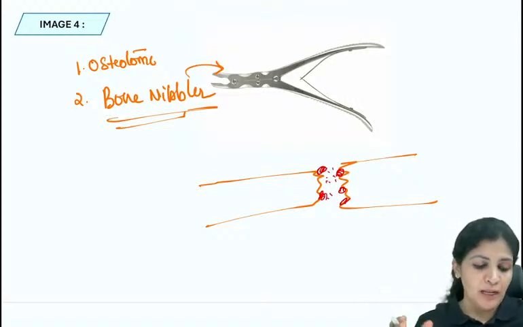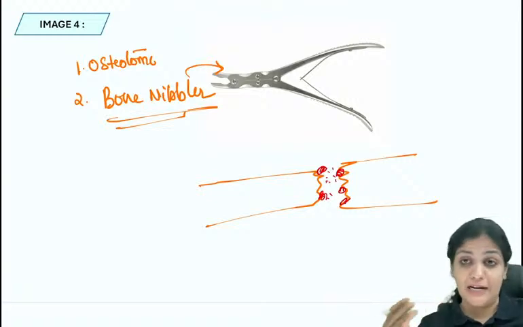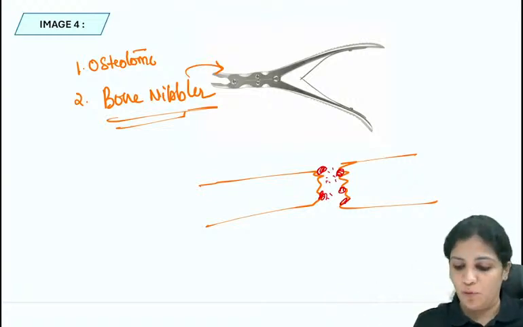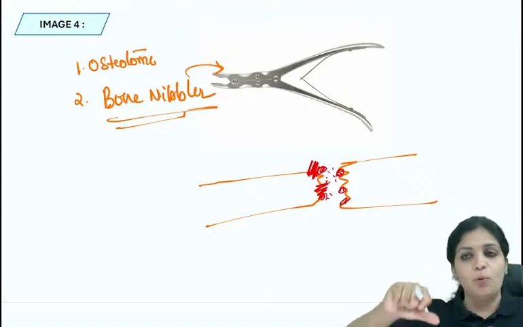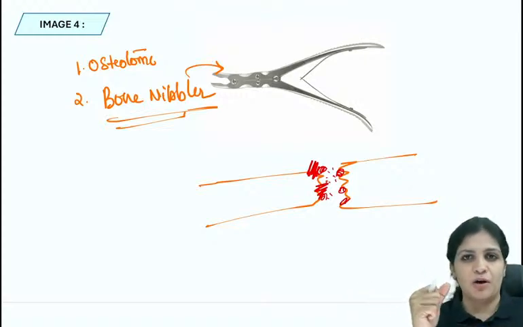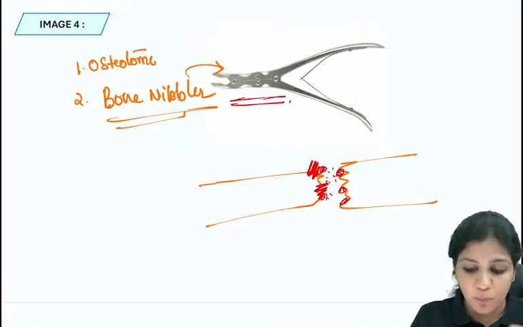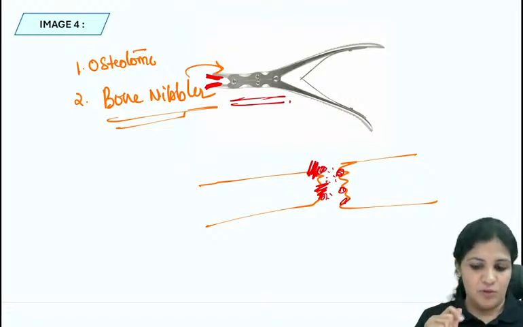That is the bone nibbler. It is not for disarticulation, it is for nibbling the bone. That means you just trim the bone ends, the sharp ends, and remove bone from the bone. It should be strong, right? If it is a bone cutter, these ends will be sharp, like a nut cutter.